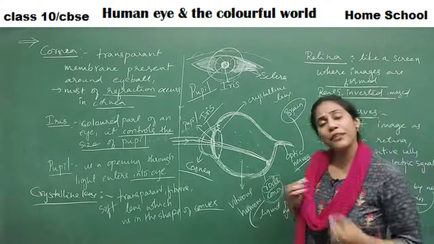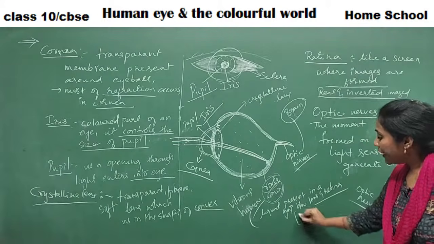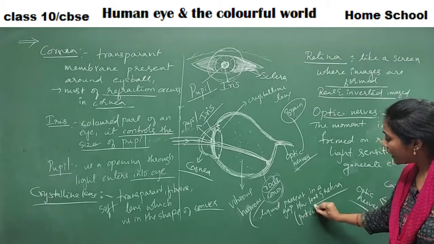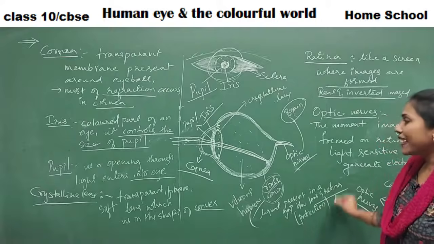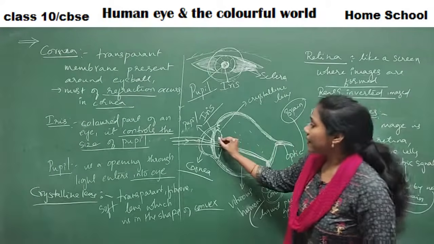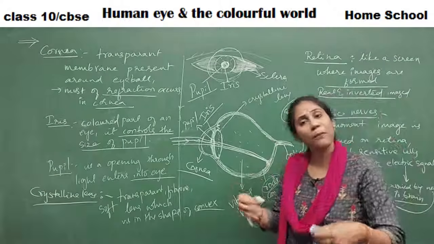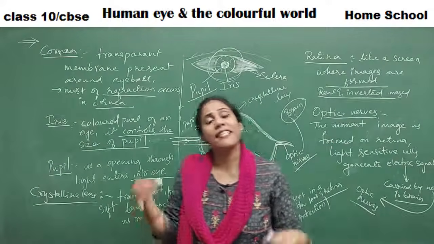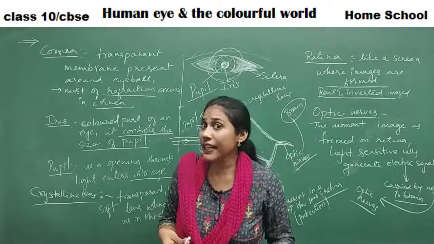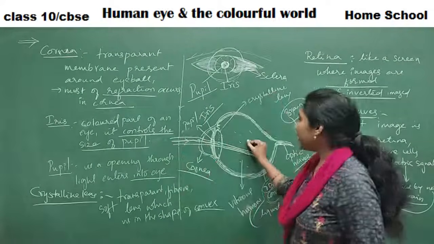And what is the importance of this vitreous liquid? It is for protection purposes. All the cells present in the lens, the retina, everything is made up of cells, right? And the moment we say cell, the cell needs nutrients. So who will provide the nutrients?